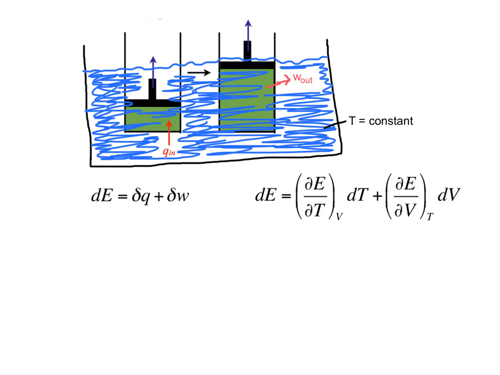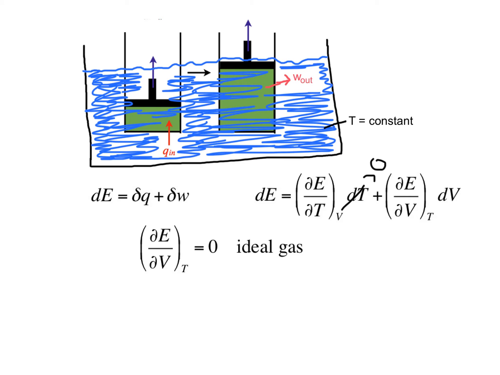Because energy is a state function and therefore an exact differential, I can also express the small incremental change in energy of the system as the partial derivative of energy with respect to temperature at constant volume times the change in temperature plus the partial derivative of energy with respect to volume at constant temperature times the change in volume. But I know that the change in temperature is equal to 0 for my isothermal expansion.